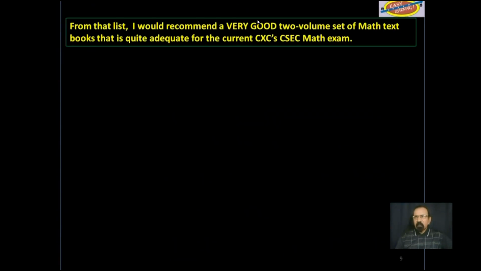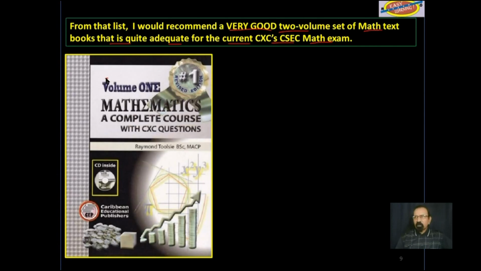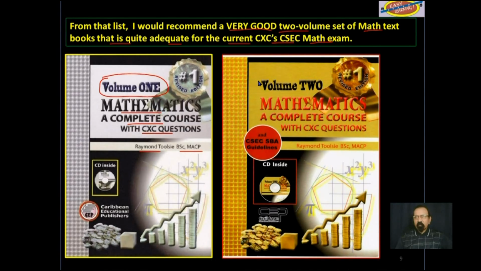From that, I would recommend a very good 2-volume set of math textbooks that is quite adequate for the current CSEC math exam. This is a picture of volume 1, Mathematics, a Complete Course with CXC questions by Raymond Tulsi. And this is a picture over here of volume 2.